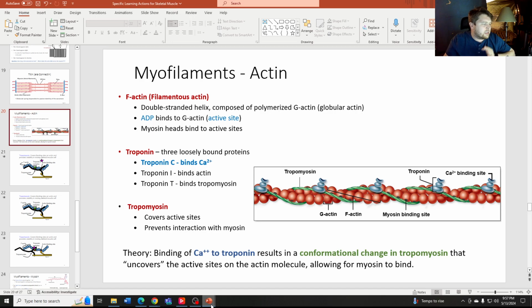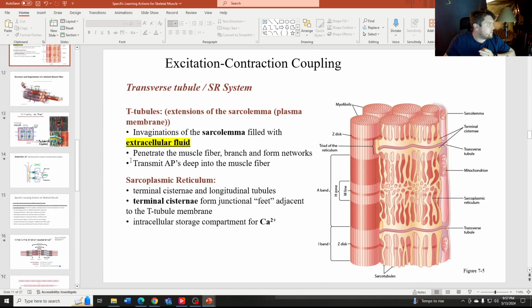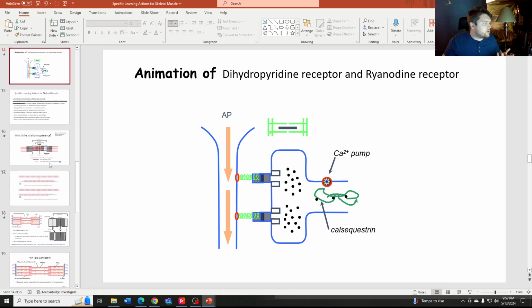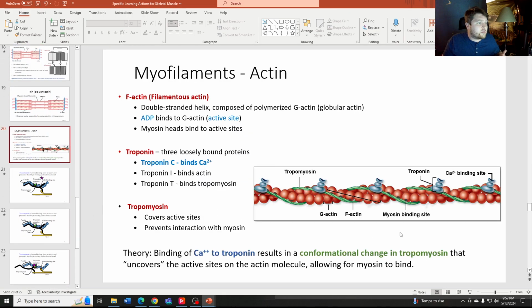And remember, in the last video we talked about, we saw that when we have activation of those DHP receptors and the ryanodine receptors, what got released? Calcium got released. And so then where do we have a calcium receptor? We have calcium receptors in the troponin on the actin filament.